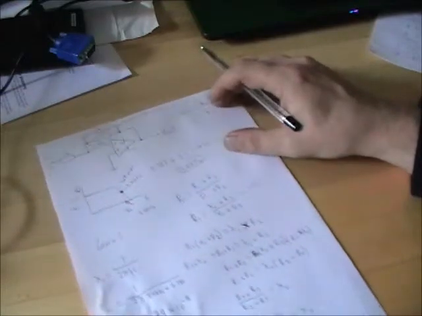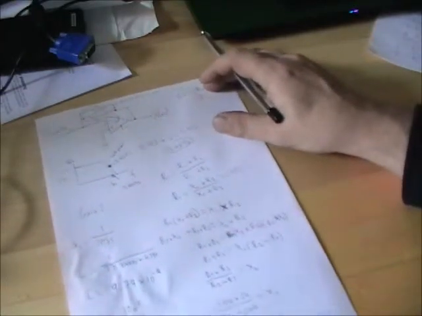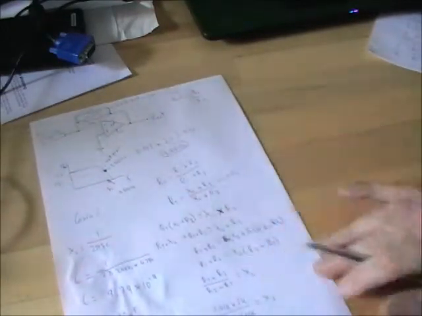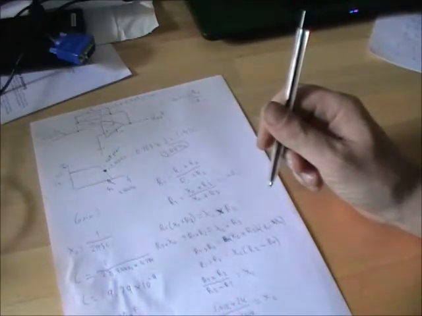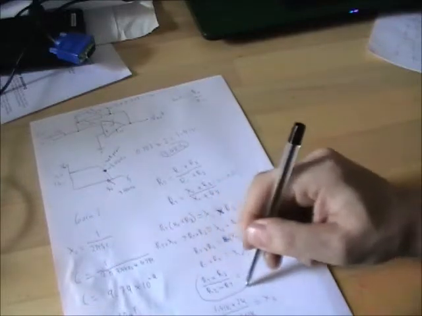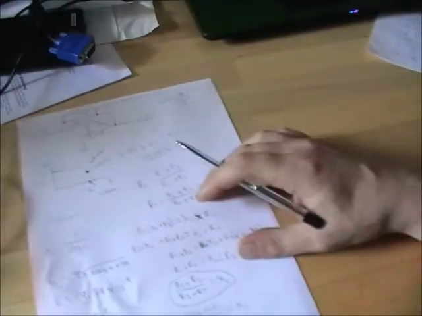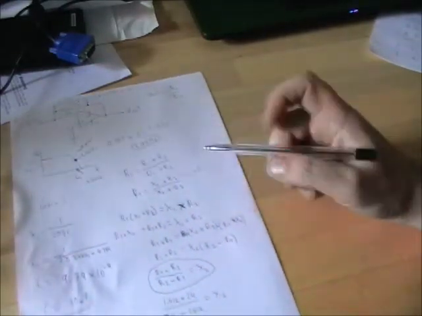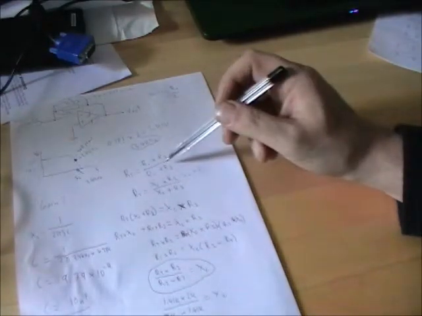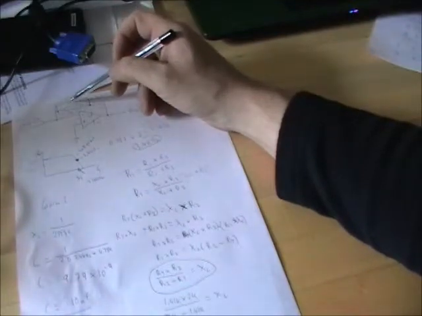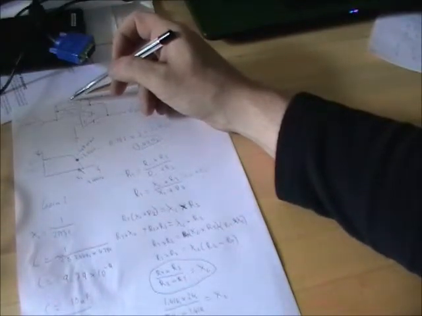Okay, I hope this makes sense. The formulas to remember is this one here. I don't know whether you can see this. I've just circled it. So that's a key formula to do your calculation. And that should give you the value for XC.